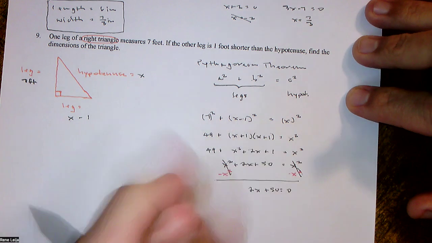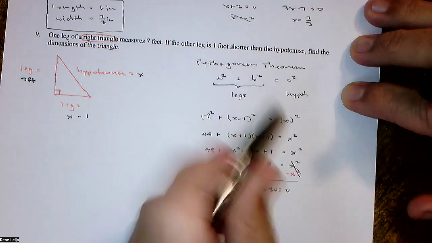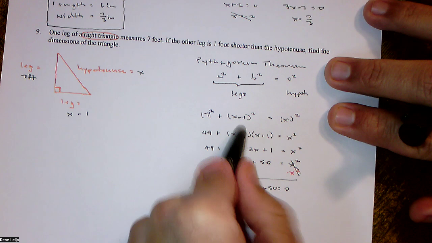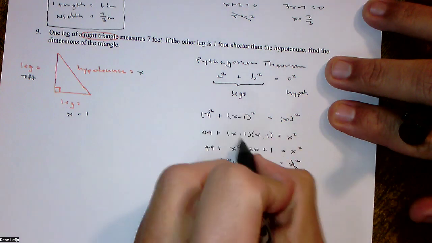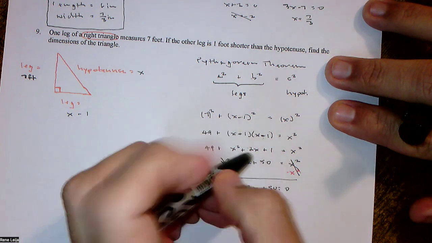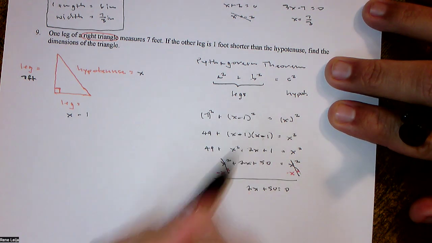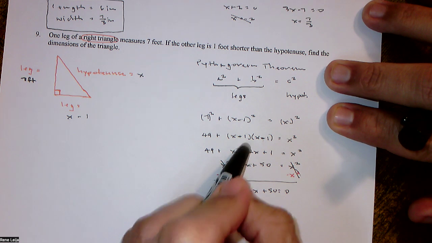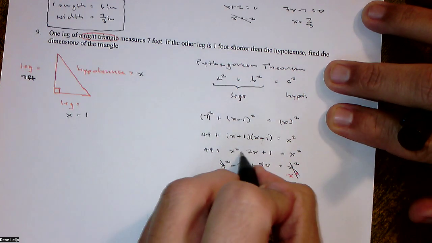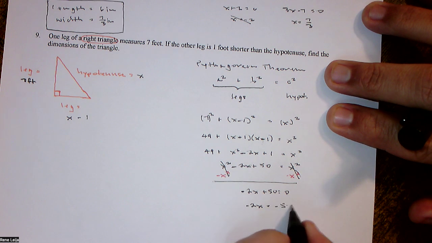So that makes it really easy to solve. So we have this little linear expression to solve. Oh, this should be a minus, which means this is a minus. The 2x is going to be a minus. Okay, so now minus 2x equals minus 50. So x equals 25.